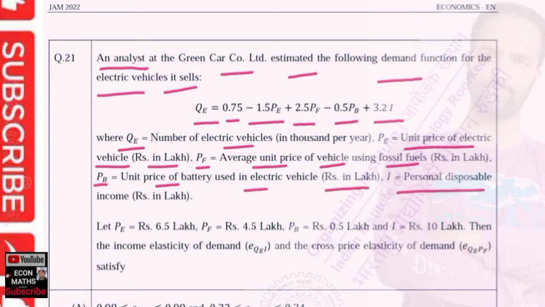I denotes the personal disposable income. We are given the value of PE as 6.5 lakh, PF as 4.5 lakh, PB as 0.5 lakh, and I is equal to 10 lakh.